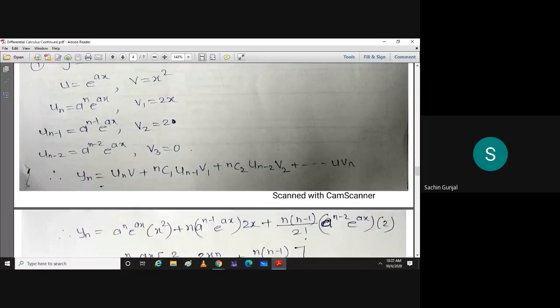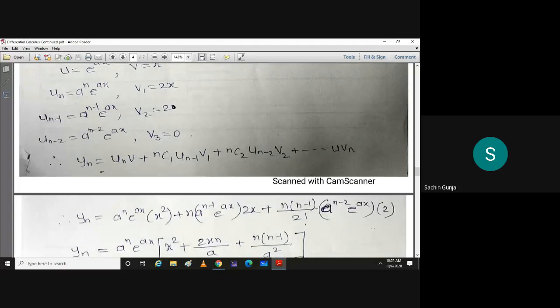Okay. And the next term is 0, obviously, because it contains v3. So only these terms will survive. You need to simplify it.